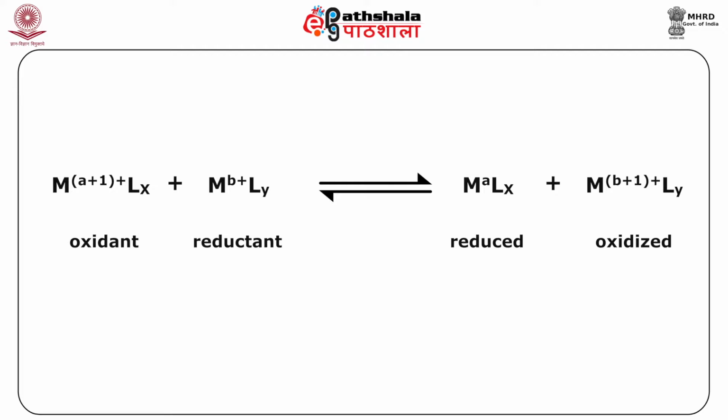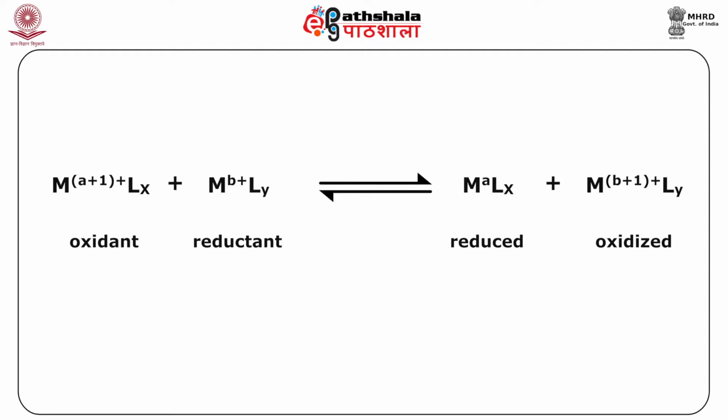Again repeating, the reaction is straightforward and is written as M(A+1) Lx, where x is the number of ligands, which is the oxidant, and the other reactant is M(B), whatever the charge on the metal ion, with y ligands, which is the reductant. When the reaction has taken place, what is formed?